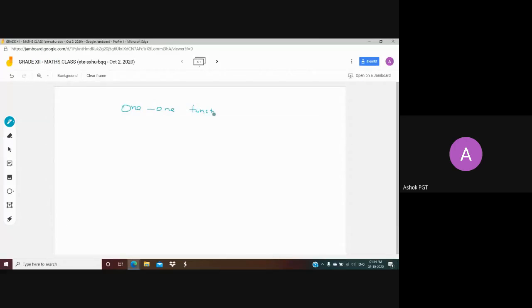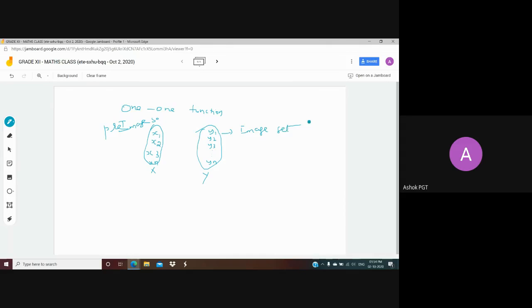One-one function. Here, the important concept is this. You know that this is set x, this is set y, and let us say this is x1, x2, x3, and so on, xn. Here we have y1, y2, y3, and so on, yn. This x set can be called the pre-image set, and this y set can be called the image set.